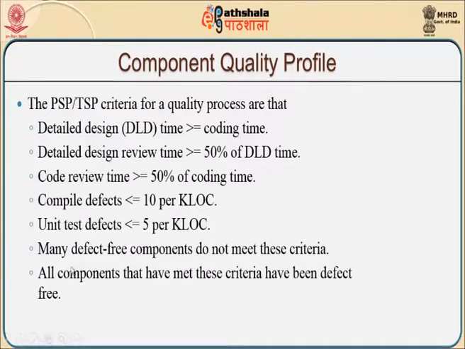So, many defect free components do not meet this criteria, because of which we do not ensure the overall quality of the product. After having undergone a process of personal software and team software process, we may have to ensure that every product in turn builds a quality profile.